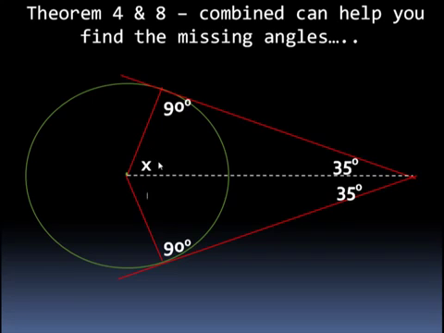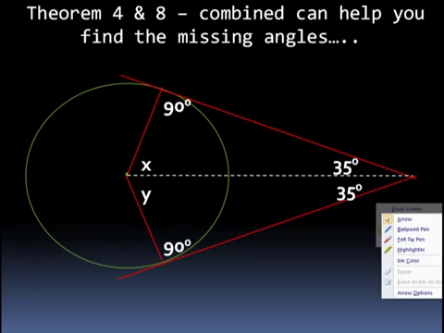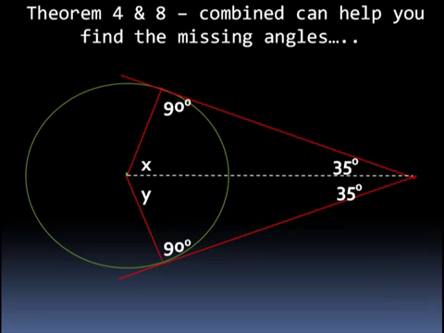So how would we find this angle right here? Can you figure it out? Okay, let's check it out. What we know so far is that we have that four-sided shape now divided into two triangles. So we have this triangle at the top with 90 degrees, x degrees, and 35 degrees.